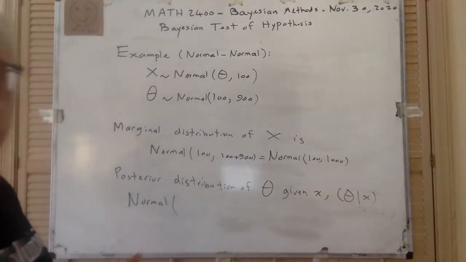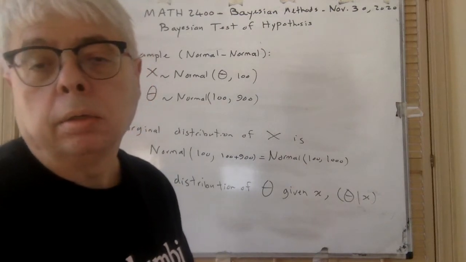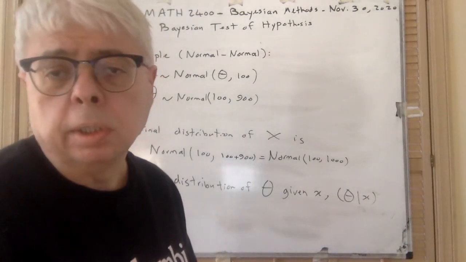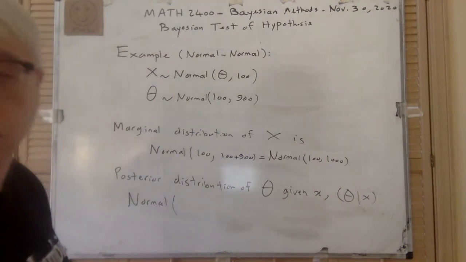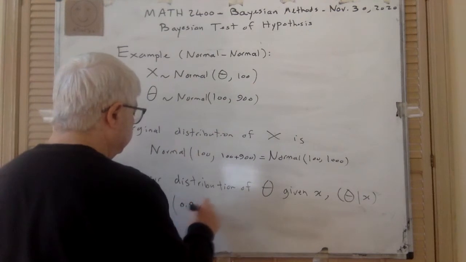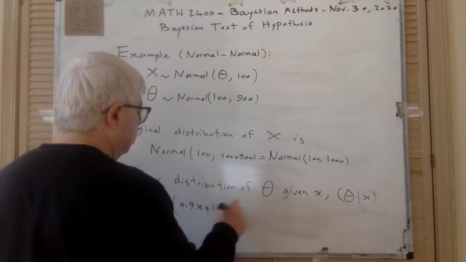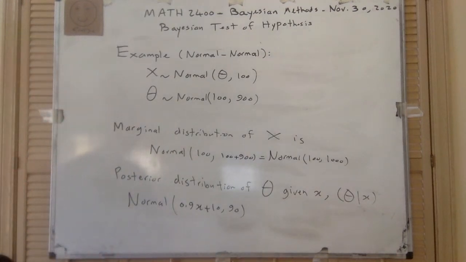If you calculate that, as I have done in the notes, it would be normal with mean 0.9x plus 10 and variance 9. Okay, using those formulas, we have this. So that was the example.